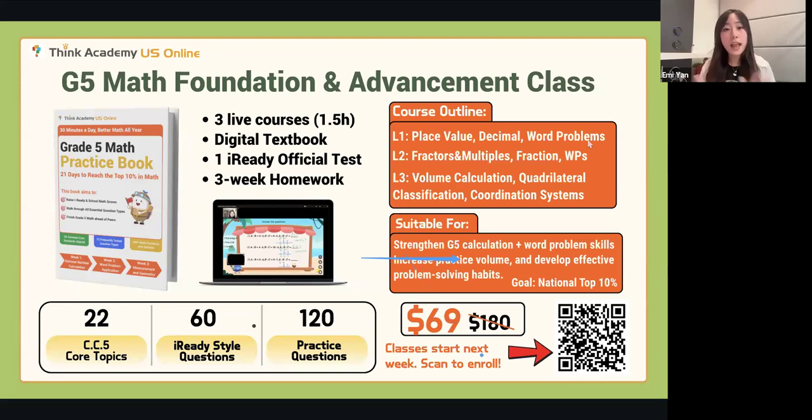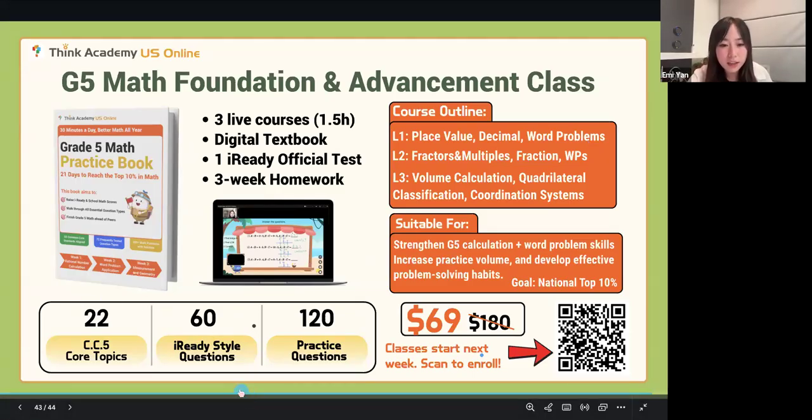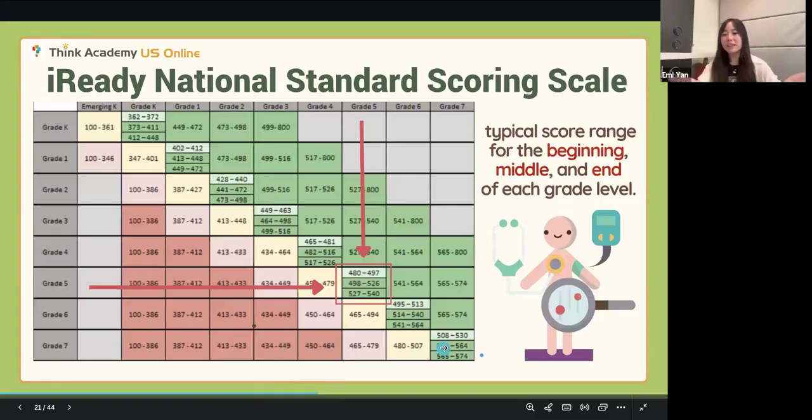And actually, the iReady test itself is not designed only for fifth graders or sixth graders. It's designed for all kids at different grade levels. That's why we see a lot of grades and scores here.